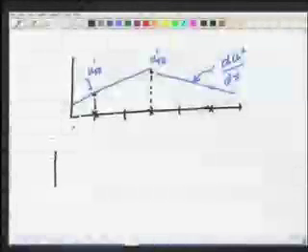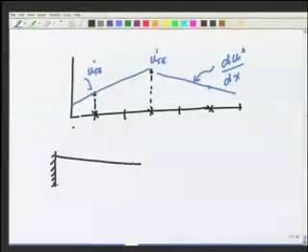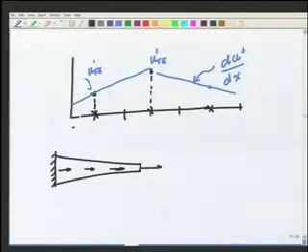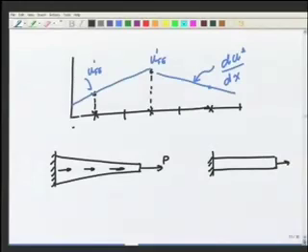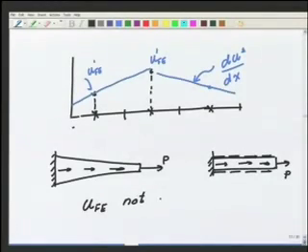If EA is not equal to constant, if I have this kind of a situation, or in case I have a bar with distributed axial springs, in both cases you can see that the nodal values of u_FE are not exact.